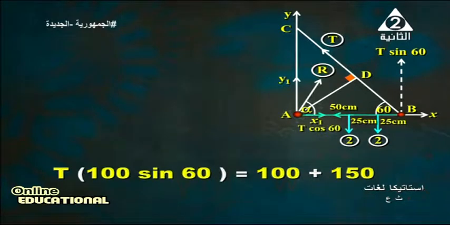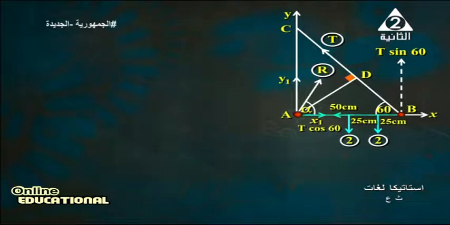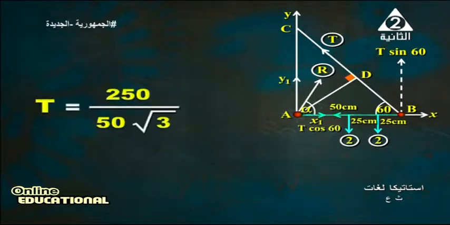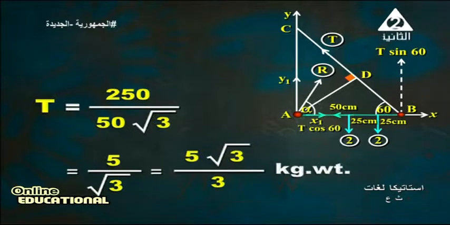Therefore, T times 100 sine 60 equals 100 plus 150. To find the value of T, the tension T equals 250 over 50 root 3, or 5 over root 3. By using a calculator, 5 root 3 over 3 kilogram weight. This is the value of the tension.